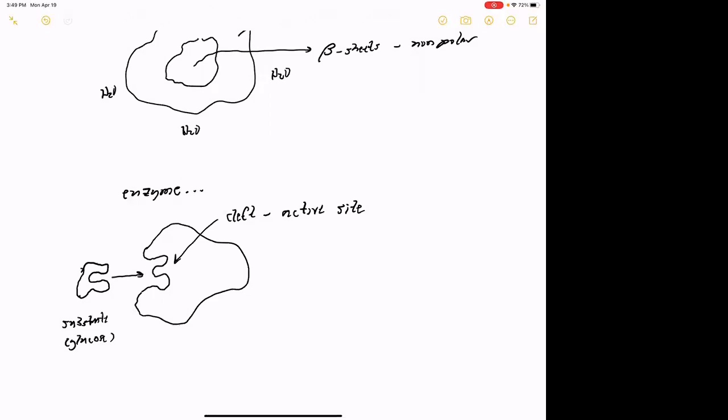And then once that happens, some sort of conformational change occurs that causes, for example, bonds to be broken and formed within the substrate. And then the enzyme spits it all back out again as product. But that could not happen unless I had that very specific structural aspect of the cleft there that the substrate can fit perfectly into.